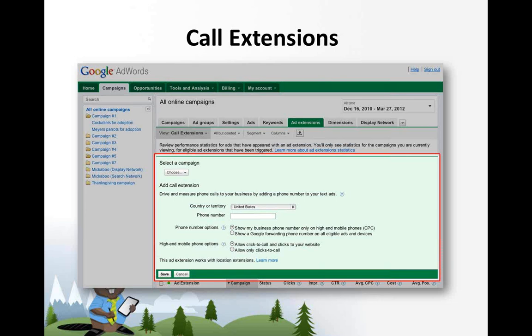So one of the case studies we did on this was with a Holiday Inn Express. And we found two really, really interesting things. We ran mobile call extension ads for them, and we found that about 40% of the calls that Google was billing them for never even made it to the property. They weren't answered. So there's two scenarios for that.